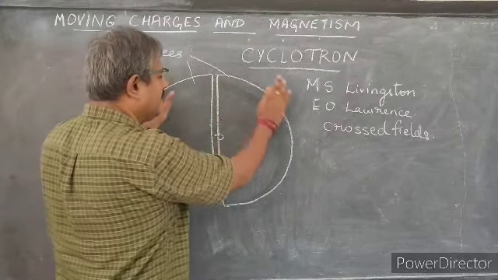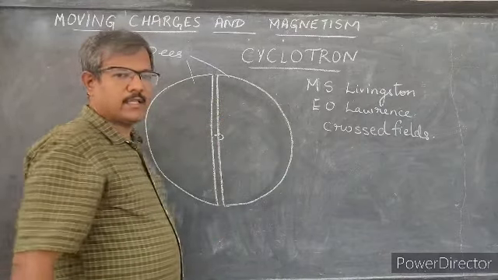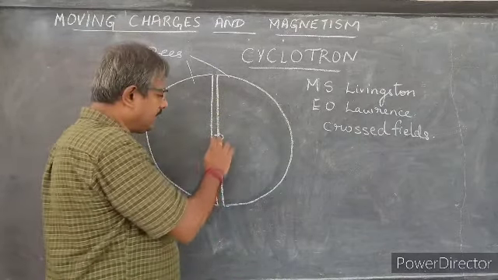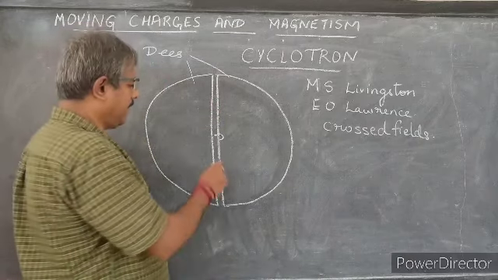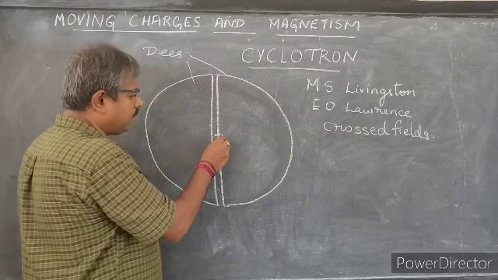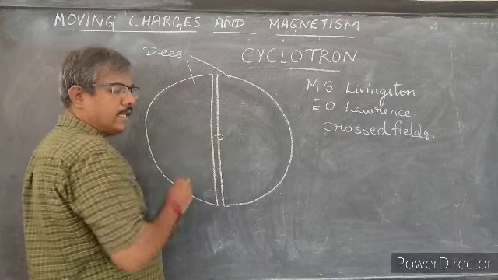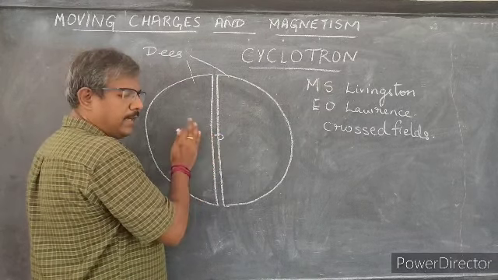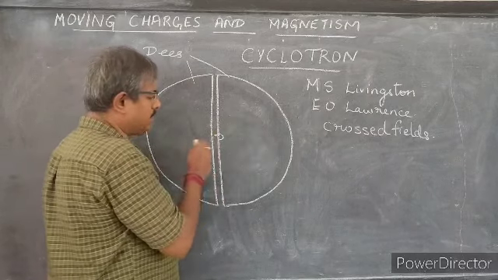There is no electric field applied anywhere else, only the magnetic field elsewhere, but at the interface you have an electric field applied. This electric field is such that when the particle is moving here, this particular plate is kept at a lower electric potential as compared to this plate.